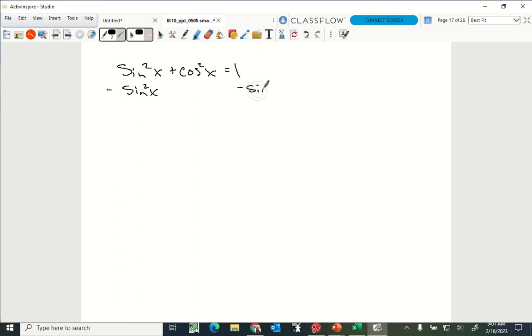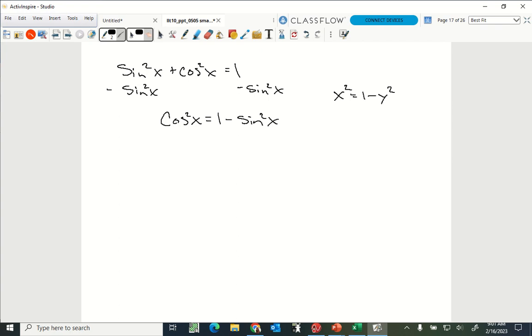Minus sine squared x. And what's left over here on the left? Cosine squared x equals 1 minus sine squared x. Kind of like what we did before, where x squared is equal to 1 minus y squared.